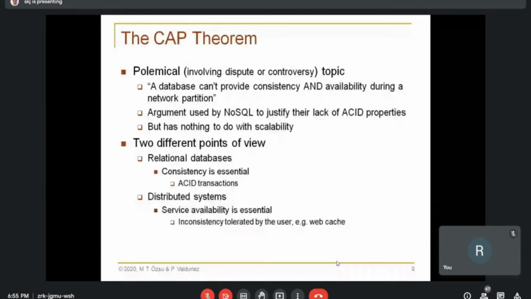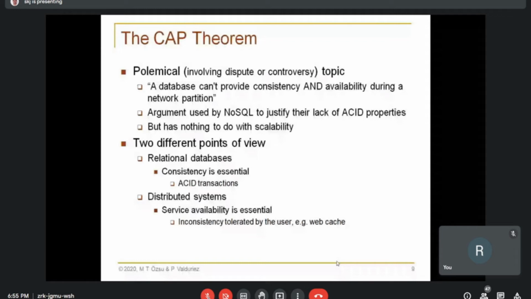A database cannot provide consistency and availability during a network partition. It is simply saying that suppose we have a network and we divide it, or there is a failure of the network, and still we want to ensure consistency of data.